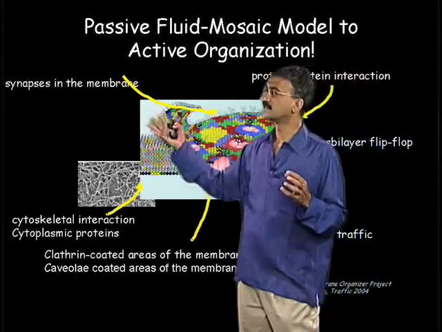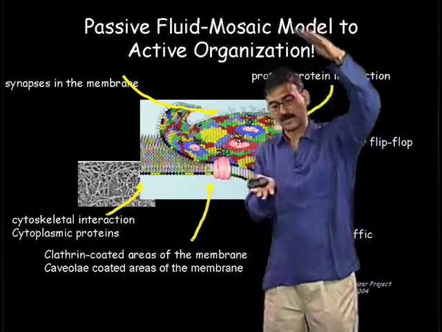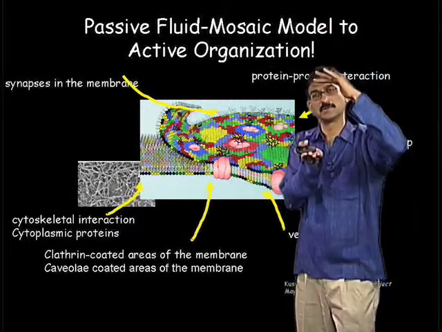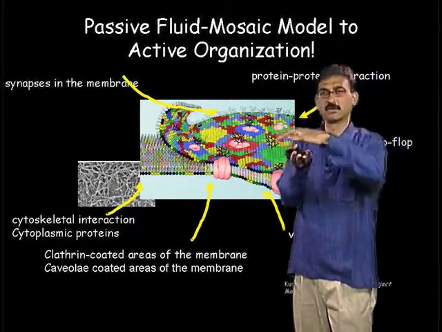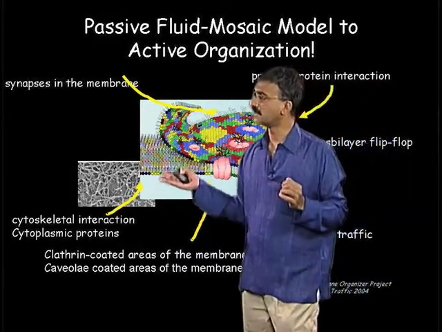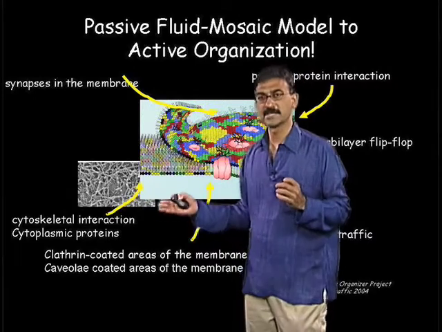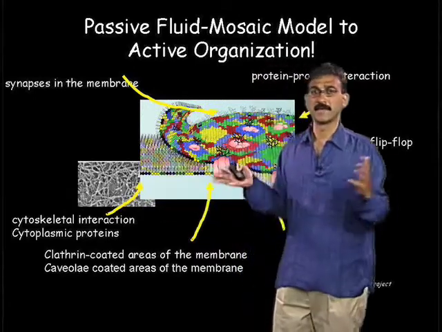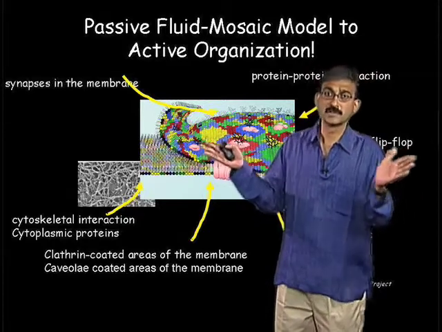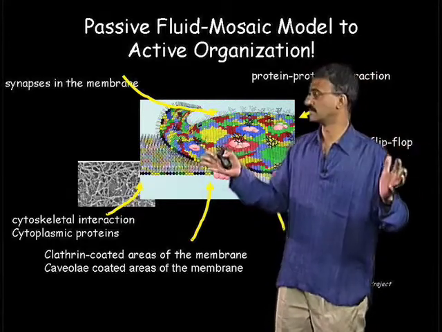There could be synapses in the membrane which could bring other cells close to the membrane, which again can influence the local lipid composition. There are, as I think, determining cytoskeletal interactions, cytoplasmic proteins like negatively charged molecules like MARCKS proteins, which also can influence the local lipid composition.